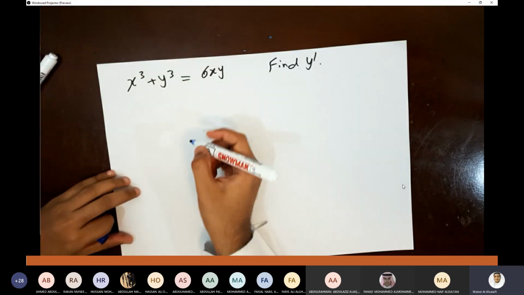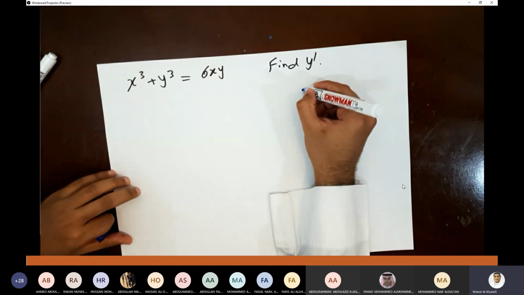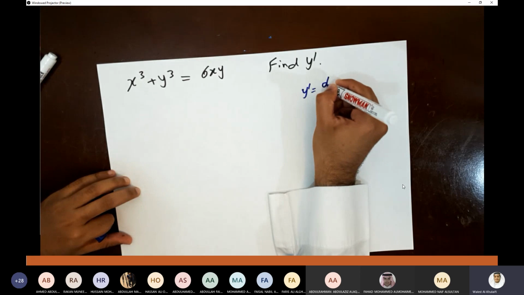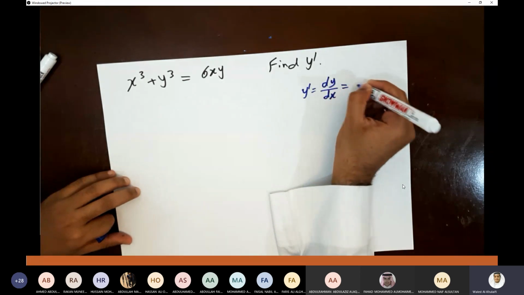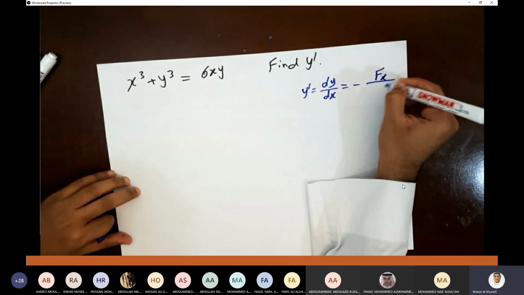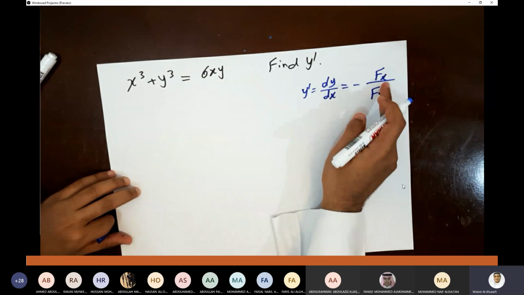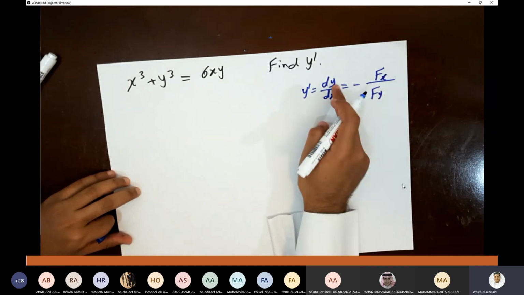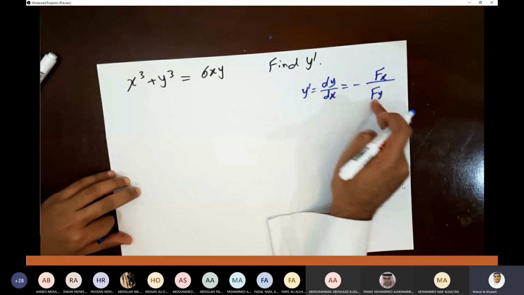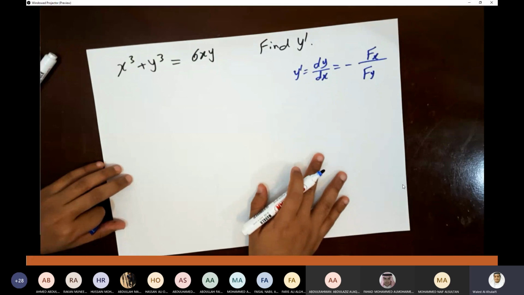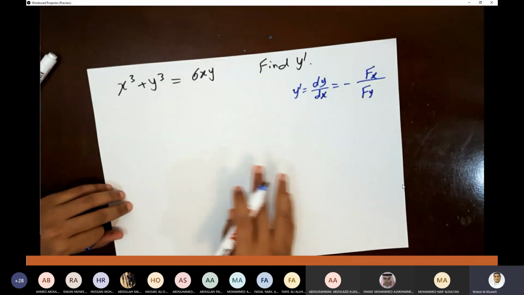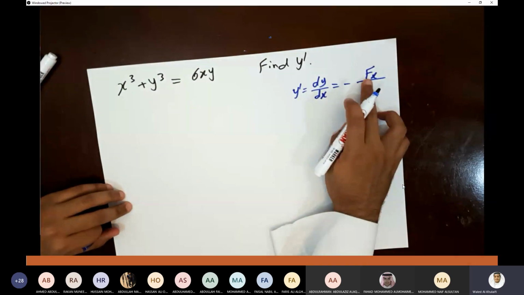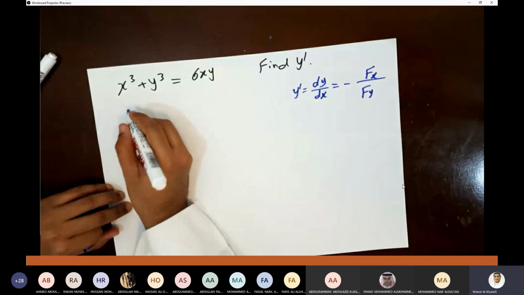So what do we do first? Remember that y prime, which is dy by dx, equals minus fx over fy. To remember, y is at the bottom and x is on top, the variables are reversed, so this is the formula. But first let's define the capital F. How do we find the capital F?